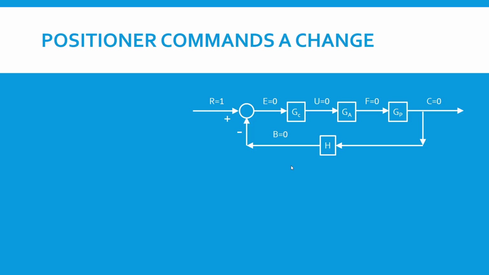What happens in a positioner loop is that the operator of the system that has the control loop in it makes a change. So as you can see here, the operator decides to make a step change from the desired value that existed prior to the change to a new value. And this is called a unit step input.